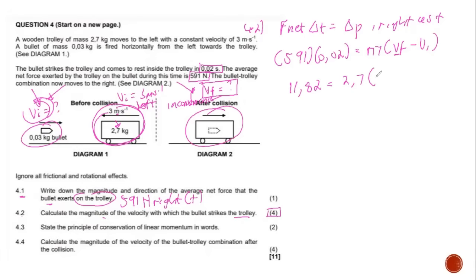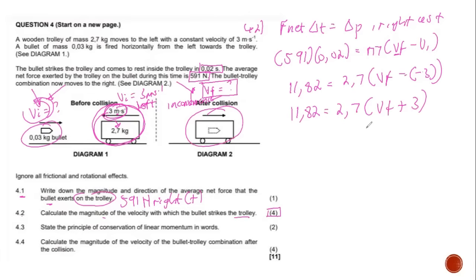Then VF, that's what I'm looking for. But then what is V initial? That's the 3 right there. But then since it's going to the left, I have to substitute it as -3. So there we go. -3. Okay, so 11.82 is equal to 2.7, and then we have VF plus 3, negative and negative is positive.